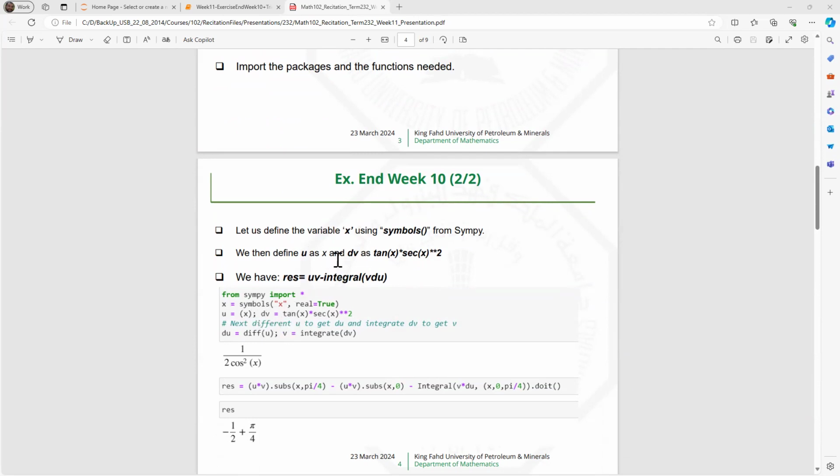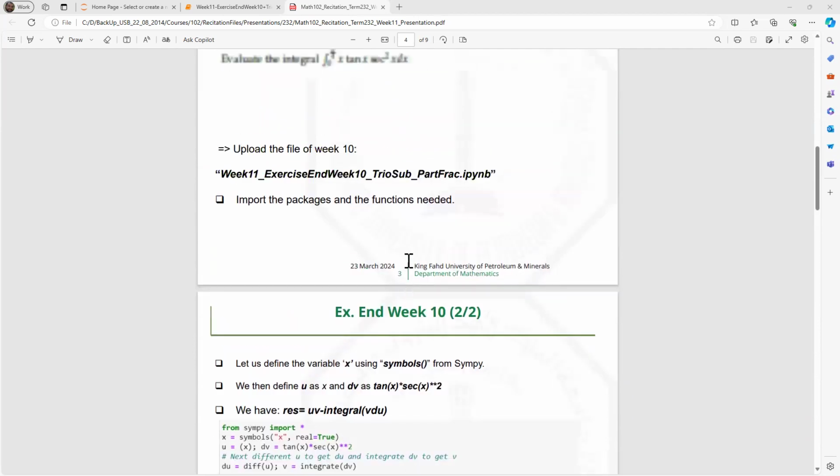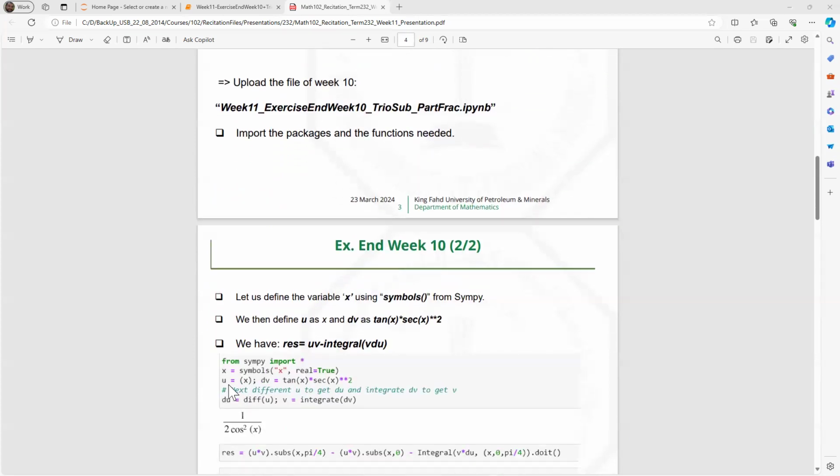And since from our integral we see that we have x tan x secant squared of x, here our choice is to take x as u. So u is x. The derivative of u is called du. And we consider dv as tan x times secant squared x. Why this choice?